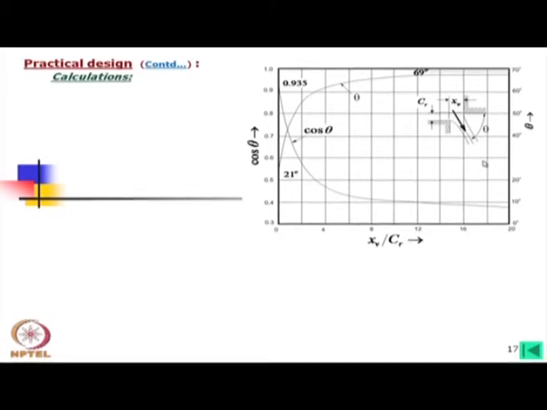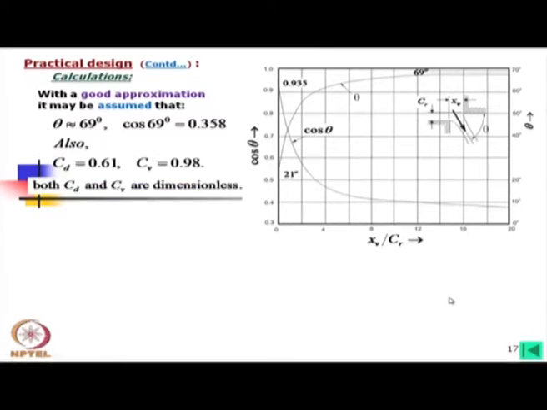We are again considering this curve, and from there for a good approximation we considered theta is equal to 69 degree. So, cos 69 degree will become 0.358, okay.